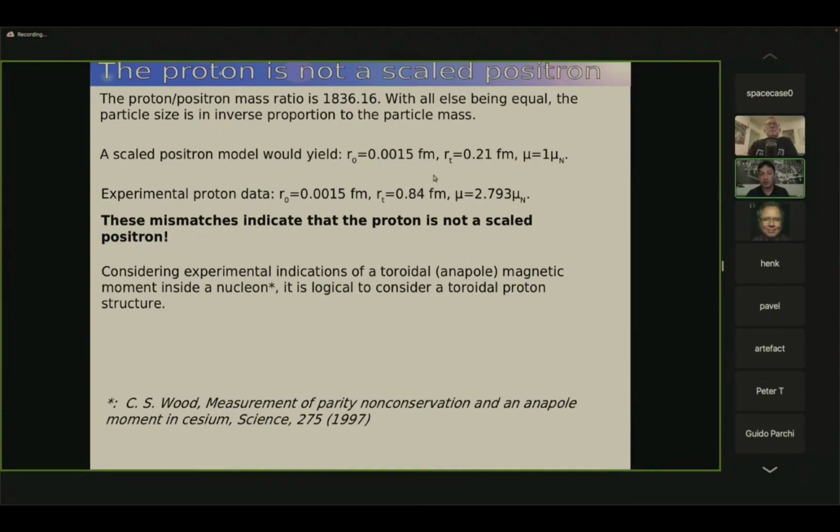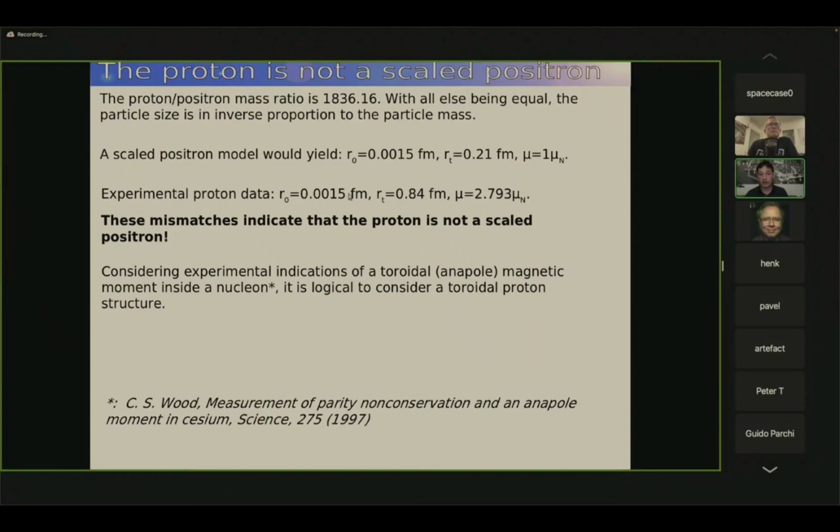Okay, it's good. The toroidal radius should be 0.21 femtometer, and the magnetic moment scales down to the so-called nuclear magneton value. The nuclear magneton is just the proportionately scaled value of the magnetic moment.